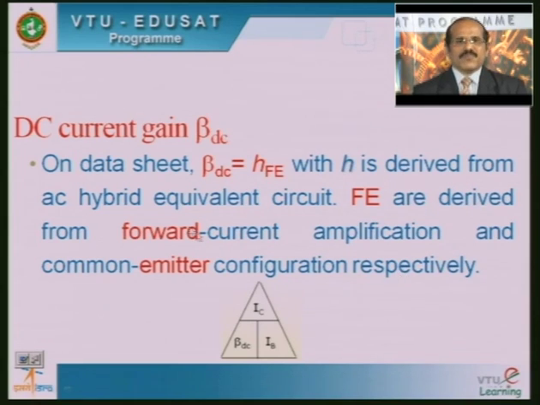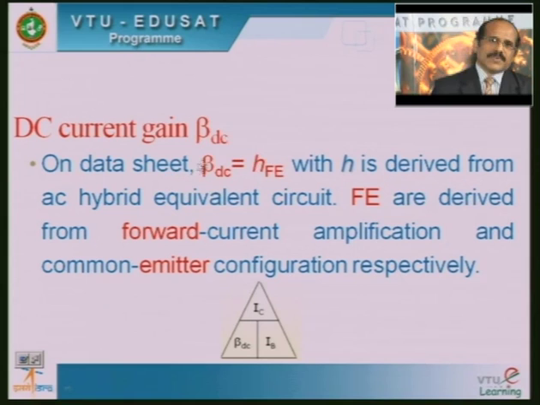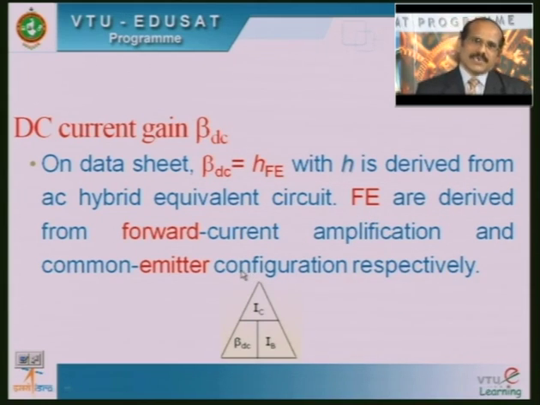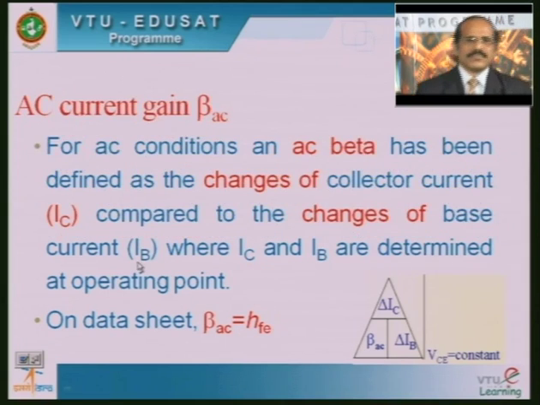So usually in the manufacturer specification sheet, beta DC is mentioned in terms of hFE.